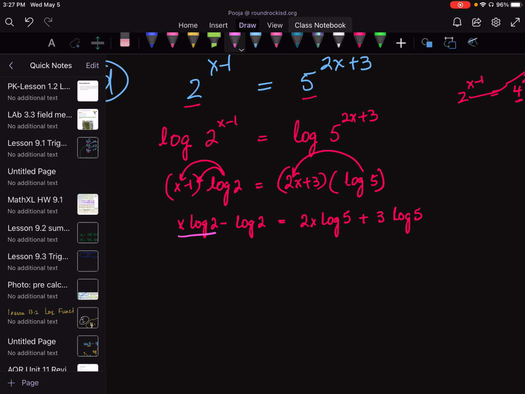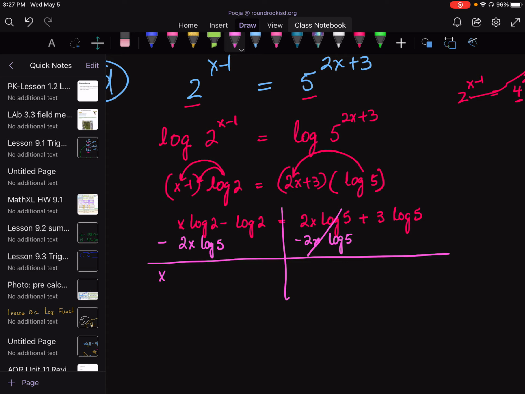Now, if you look at this term and this term, they both have x's in them, and they're on opposite sides. So I'm going to bring those two terms together on one side. I can do that simply by subtracting 2x log 5 from here and subtracting 2x log 5 from there. This cancels.